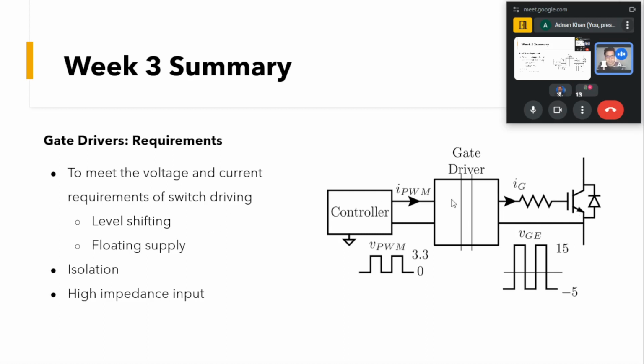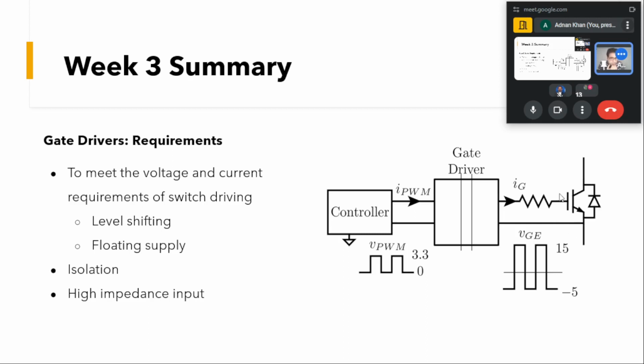Also about the current, I was telling you, in order to turn on this device we may need a sufficient amount of current to drive these devices. About the isolation, let us say any fault happens at the power side.